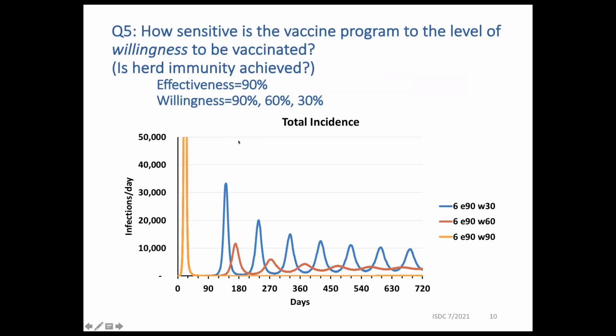At 90% willingness, that's the orange line, new infections are virtually eliminated, even among those who aren't vaccinated. At 60%, new infections are greatly reduced. The infection rate oscillates for a while and settles down into a steady state. At 30% willingness, average incidence rate is high, and substantial oscillations occur for a very long time.